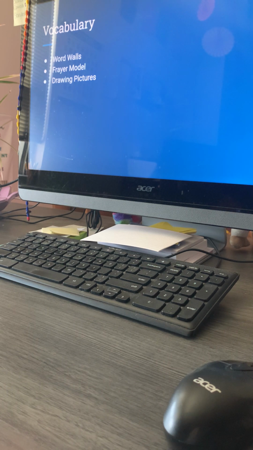So if the word was reptile, it would give the definition of the reptile, and some of the characteristics would be, for instance, scaly, land. What is it?